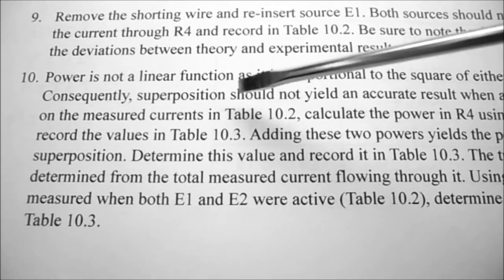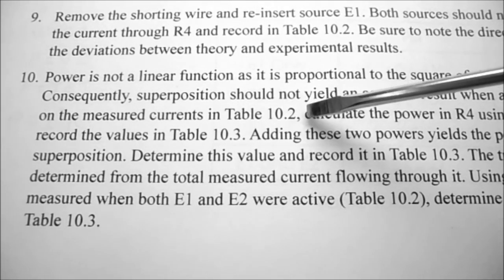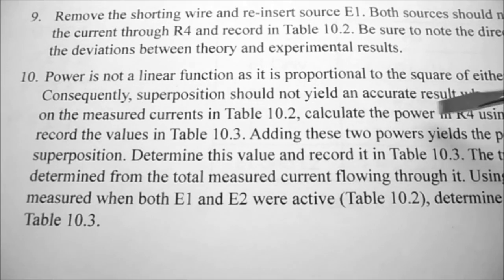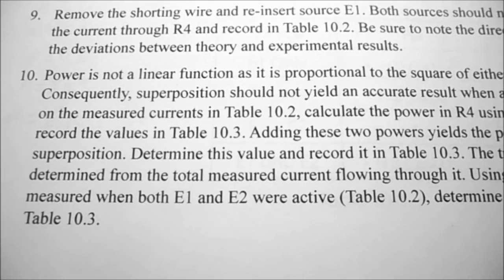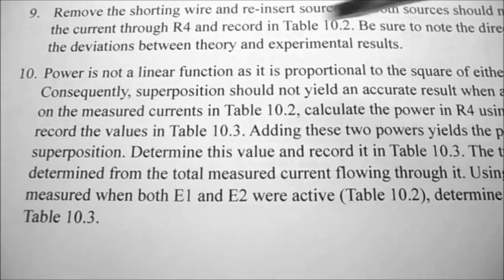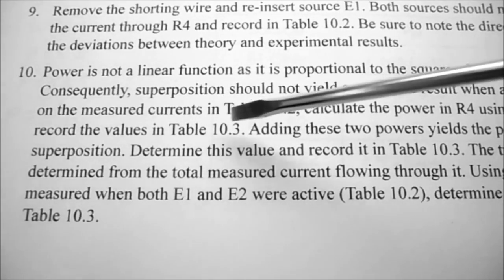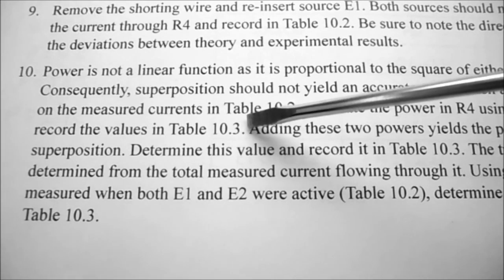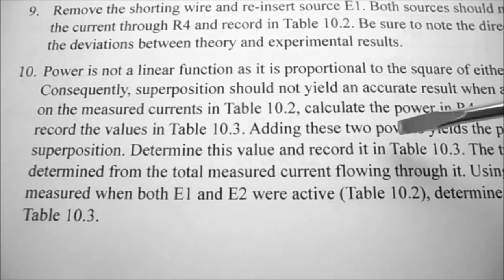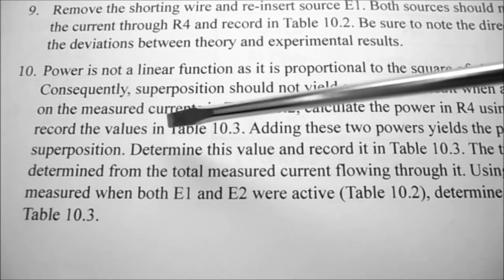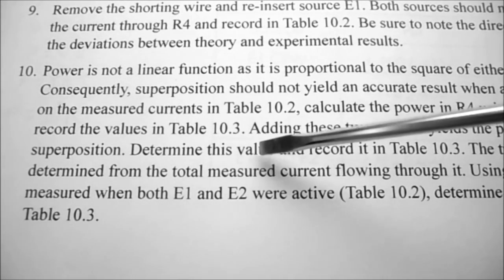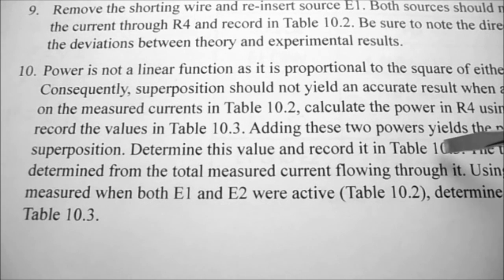Based on the measured currents in table 10.2, calculate the power in R4 using E1 only and E2 only, and record the values in table 10.3. It says adding these two powers yields the power as predicted by superposition. Determine this value and record it in table 10.3.